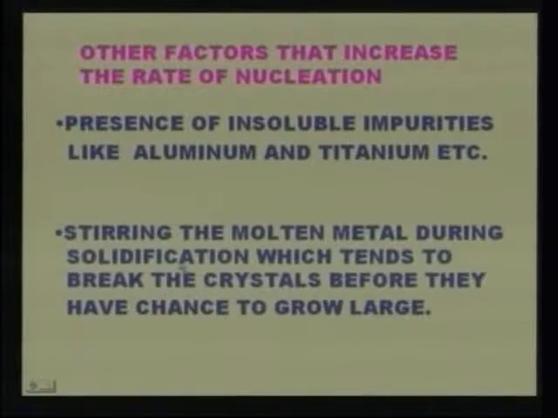So to avoid that, we are making a stirring effect in molten metal. By providing this stirring, we can reduce the size of the crystal. So you can promote the fine grain material, which is more advantageous than the coarse grain material.